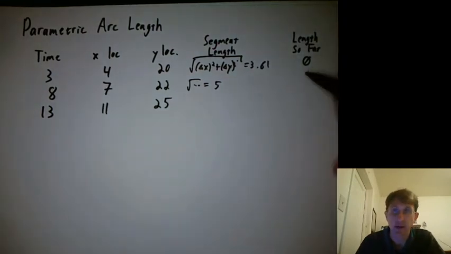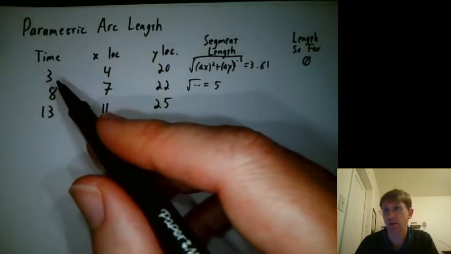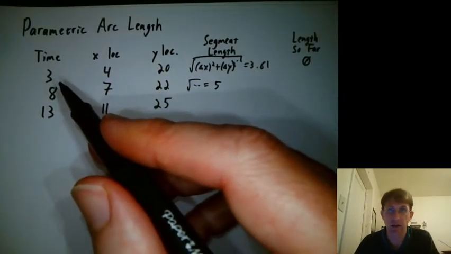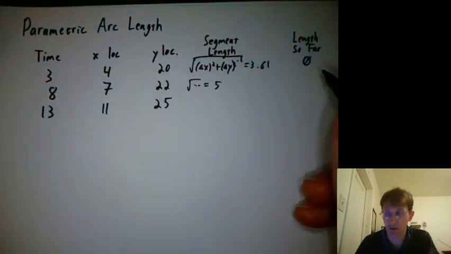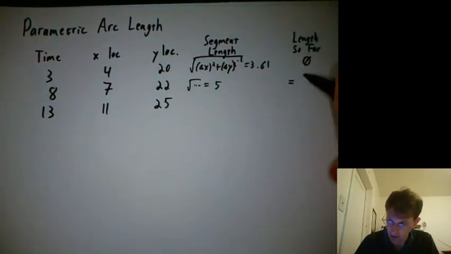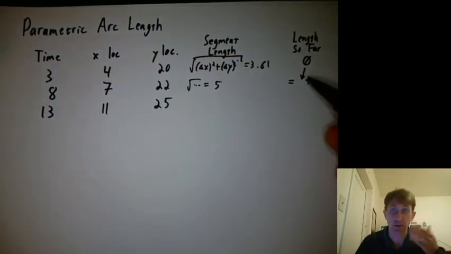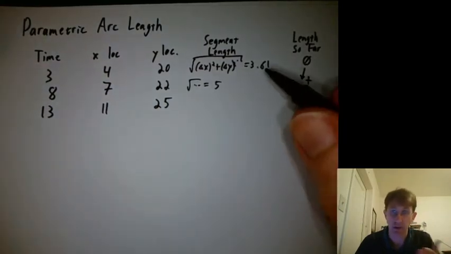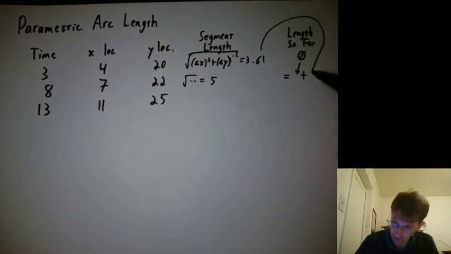And then let's tally up the length so far. We could say the length by time 3, starting at time 3, well, you haven't had any time to go anywhere, so your length so far is 0. Your length so far by time 8 would be the length so far from the previous row, plus the 3.61.